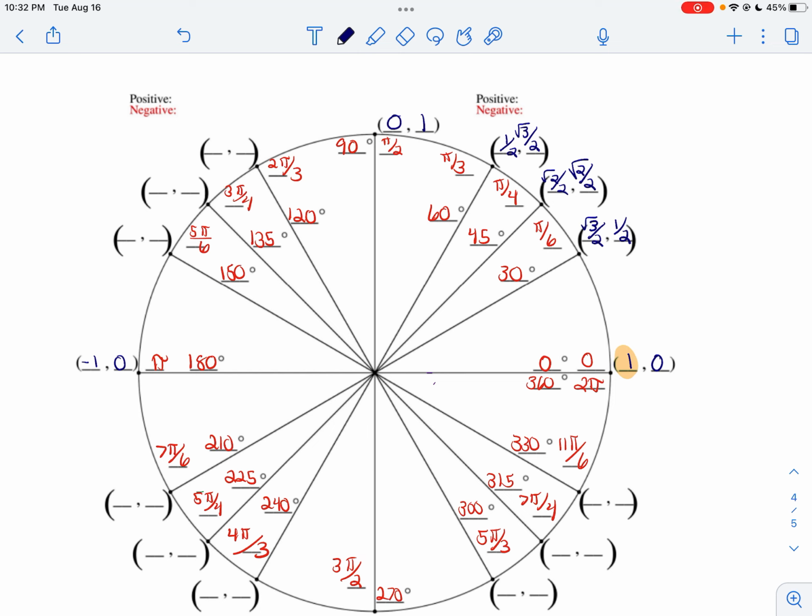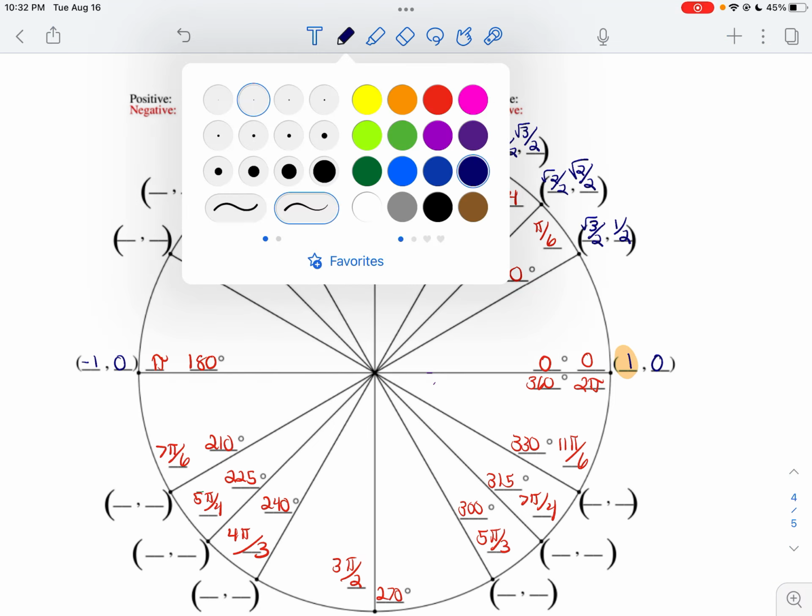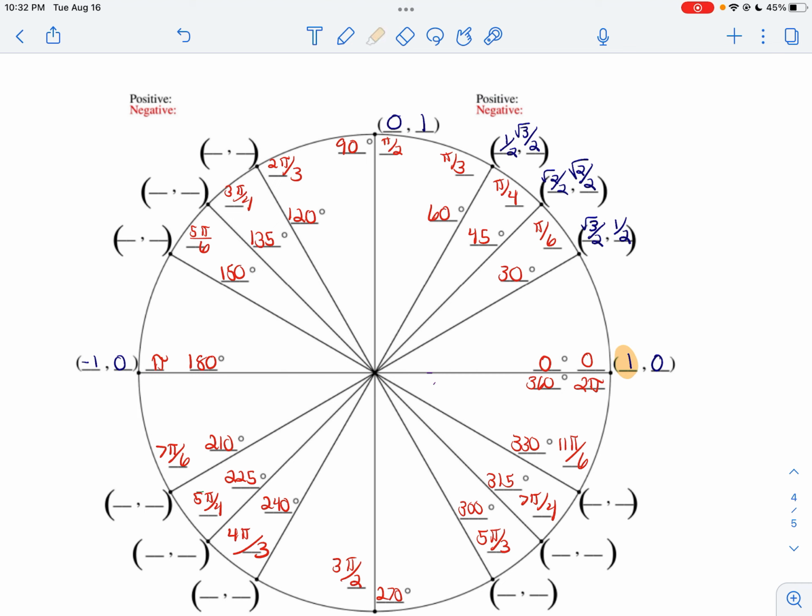Now, we're going to use our knowledge of this shading, reference angles to figure out the other quadrants' information. All right, so in quadrant 1, let's start with the angle whose reference angle is 30 degrees. Okay, so this is 30 degrees in quadrant 1.